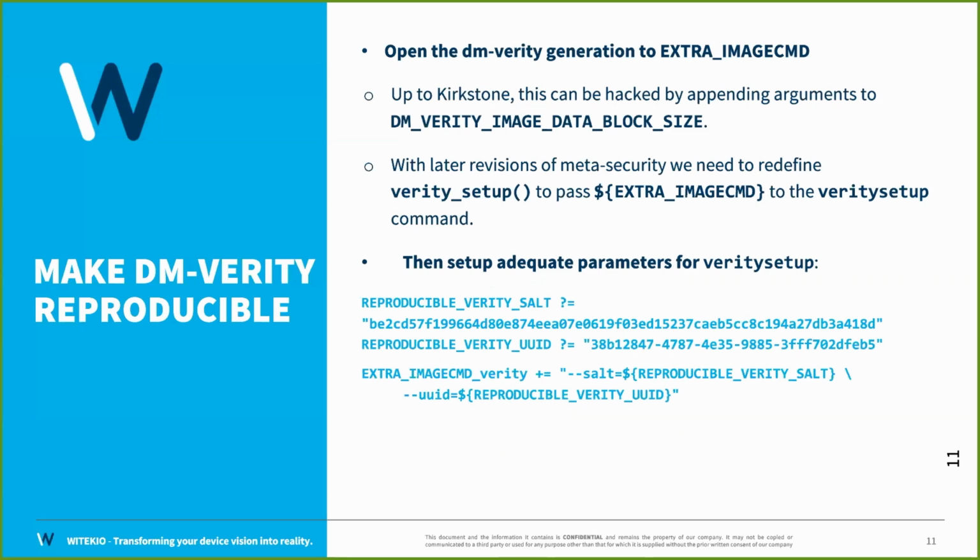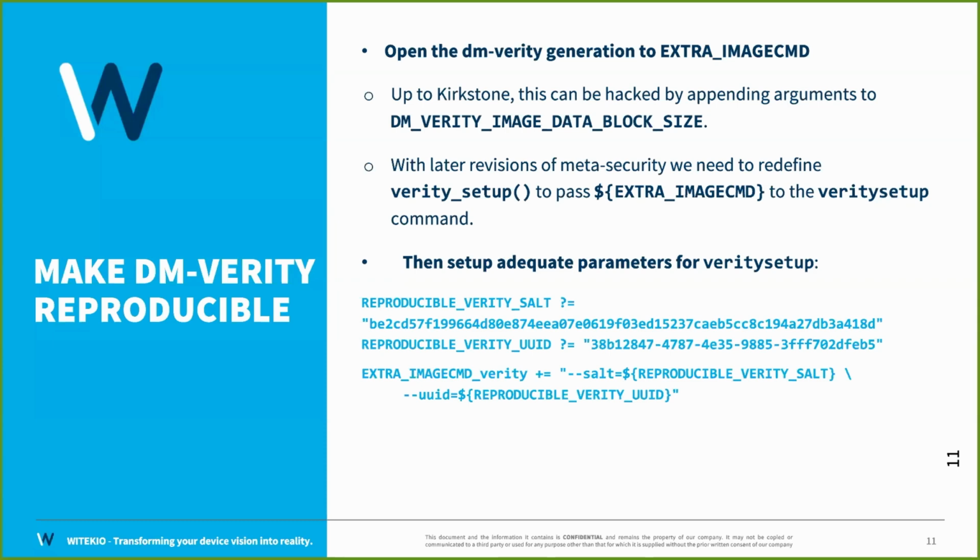So once you have a fixed ext4 generation, for instance, if you're using dm-verity to authenticate your image, your file system, there are also parameters to pass to veritysetup. Unfortunately, veritysetup, as it is called by meta-security, the class handling dm-verity inside meta-security, doesn't take extra IMAGE_CMD or any other way of passing extra arguments.